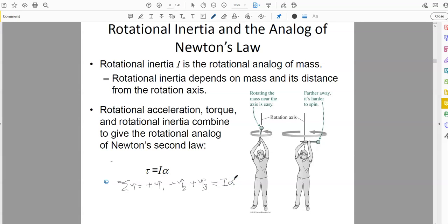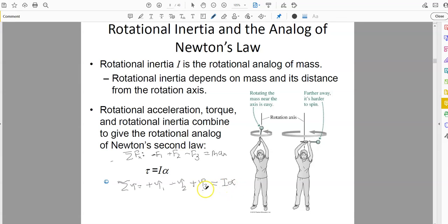Basically, just like with summing forces, which you are going to do here as well, you'll sum the forces in the x direction. You have force 1 plus force 2 minus force 3, and we would set those forces equal to mass times acceleration, in this case acceleration in the x direction.